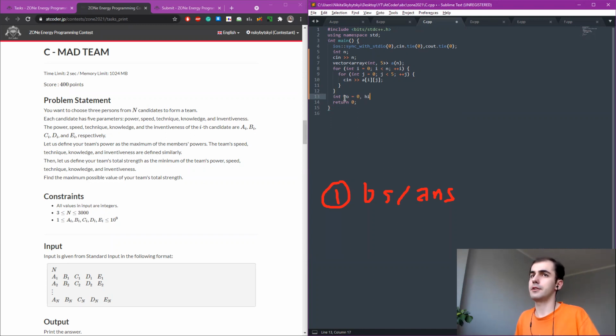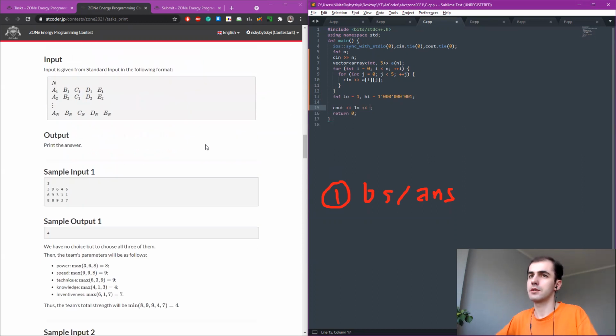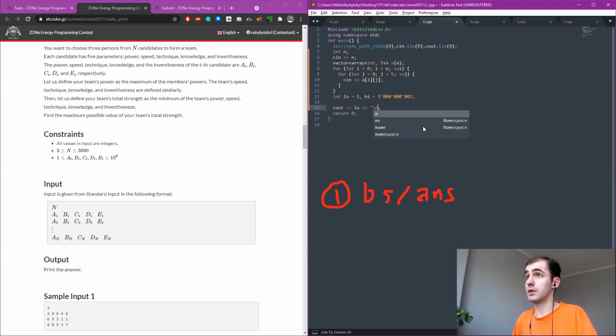Well, for binary search, I suppose low is 1. High value will be 1 plus the max, because you gotta have low is always possible, high is never possible. So for sure at the end you want to print low because it's always possible.